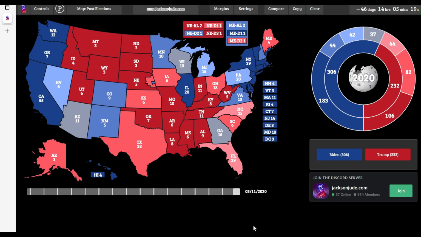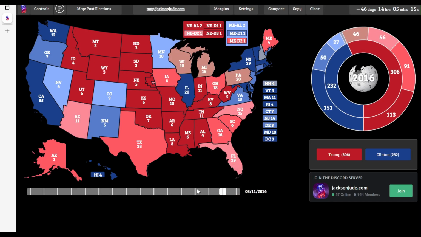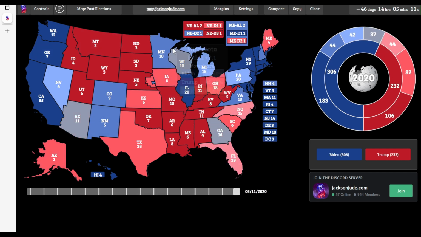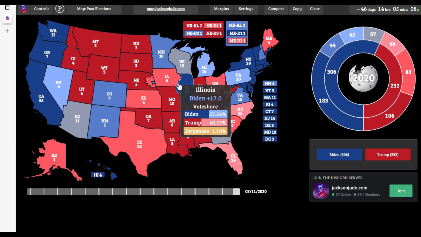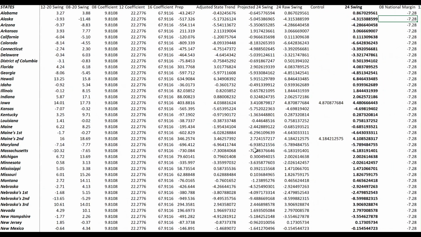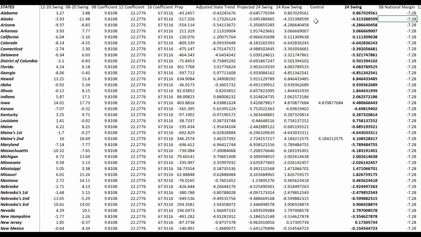For example, states like Iowa have shifted heavily from 2008 to 2020. So we factor in how the states shifted and how they may shift in the future. We fit a regression and come up with a projected raw swing.